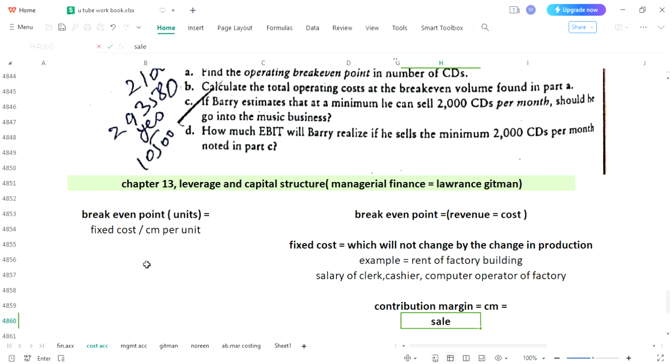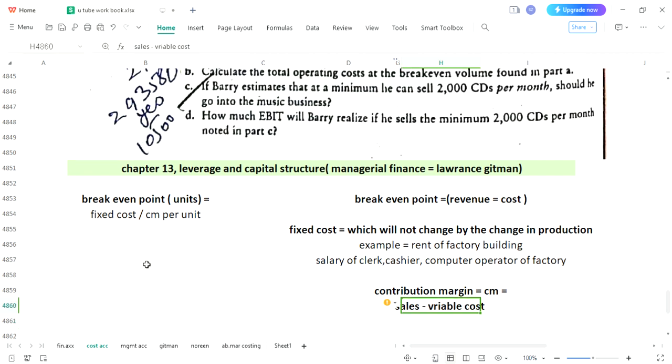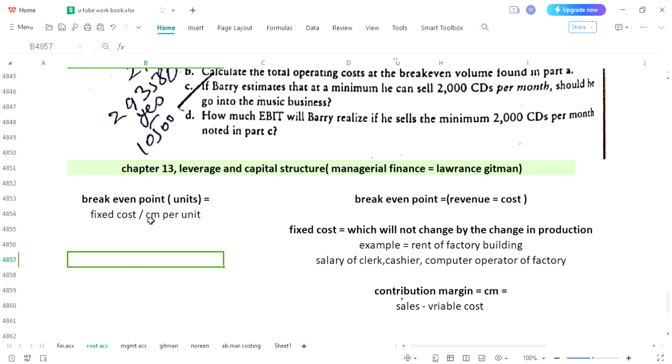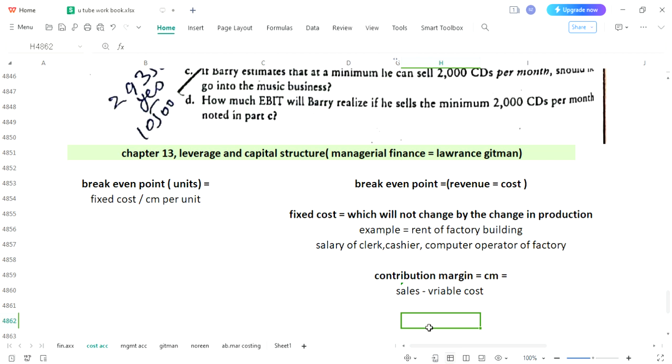Sales, and then you subtract your variable cost, with which you will get your contribution margin. Now the point is, in our formula, contribution margin per unit is mentioned. So the same formula you will use again, contribution margin, but we need it per unit.